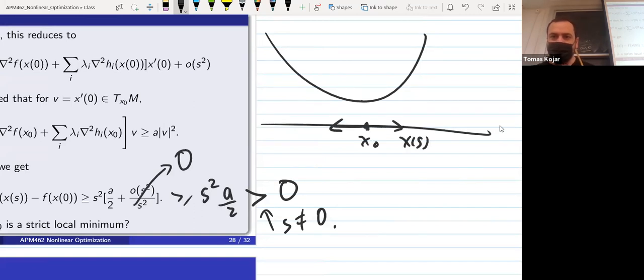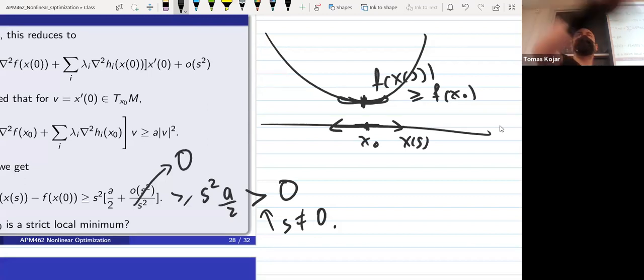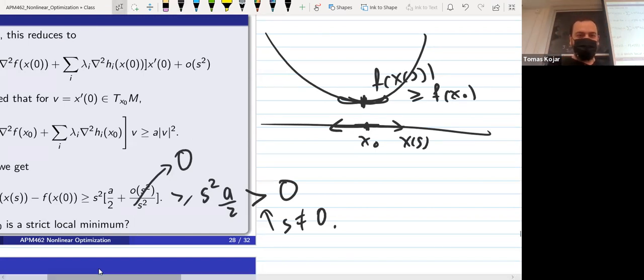And it says that if you look locally, you have f of x_s is bigger than f of x naught. Okay, so you sample from there. Is that okay?